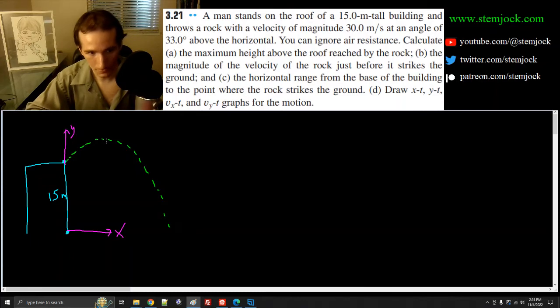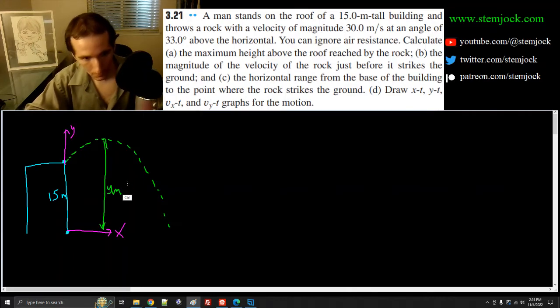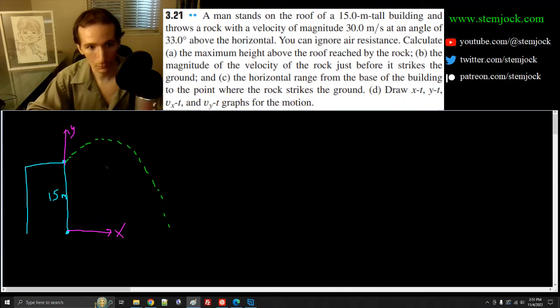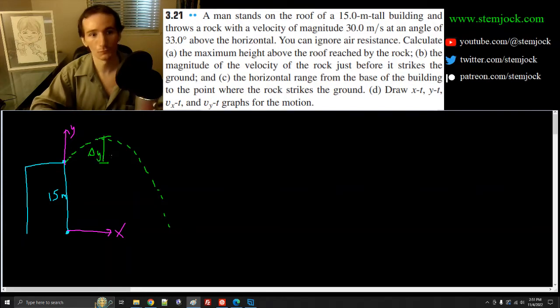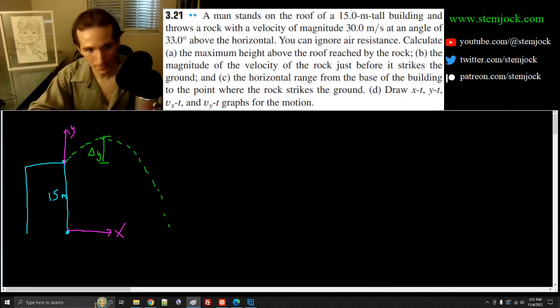The question is not asking for this distance, which is y max. No. What the question wants is this distance, the height above the roof. So this is going to be delta y. So it's the maximum height minus the height of the building, which is 15.